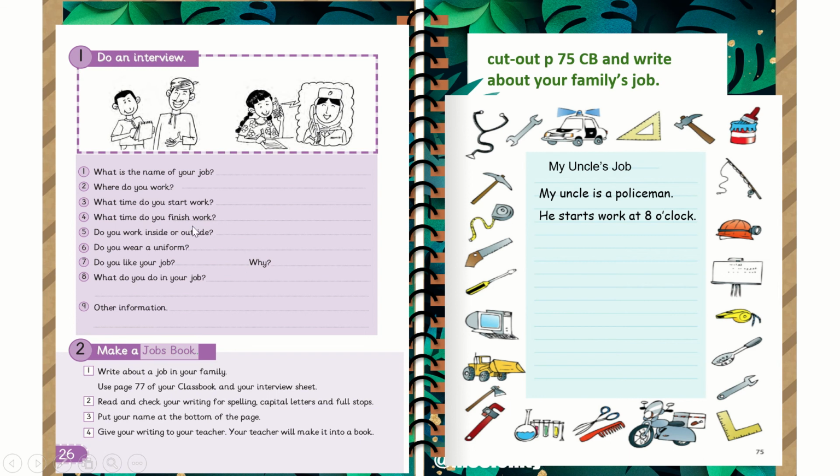And what about the time that you finish your work, my uncle? He said, I finish my work at 2 o'clock. So I will write, he finishes work at 2 o'clock. Okay?